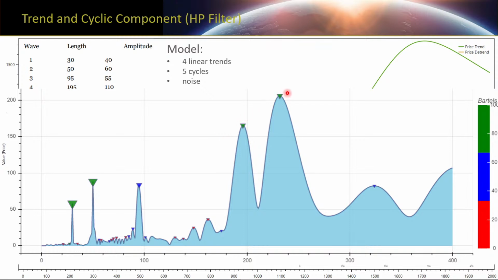Now, compared to the first spectrum I've shown you, which used the raw data set, where you have lots of peaks in the spectrum, by using the detrended version, it is clearly able, and if we go into the details, it's able to detect these 5 cycles more or less very exactly in regards to amplitude, length, and phase.